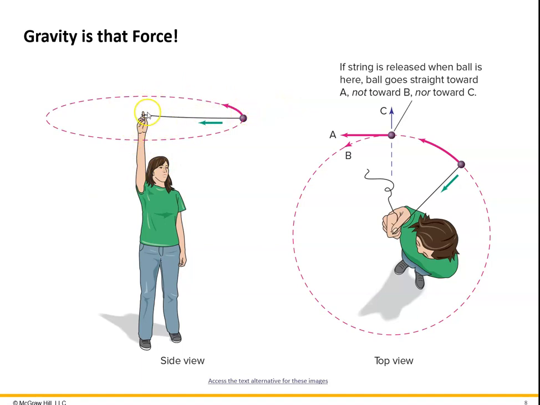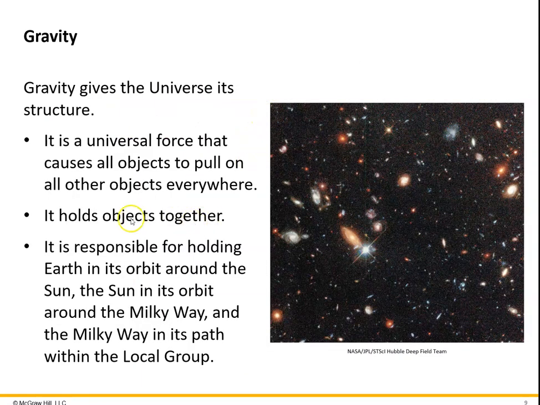It's really our sun that controls the motion of the planets in our solar system, because the sun is so much more massive than anything else in the solar system, and the mass is the thing that is really important in gravitation. All right, let's see. So gravity holds the stars together. As a matter of fact, that's how stars are formed.